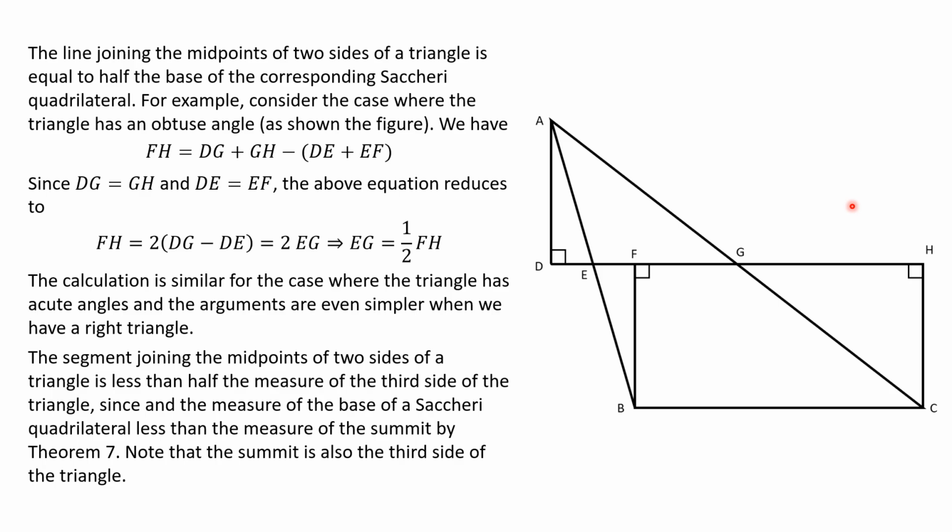But we know from theorem 7 that the base of a security quadrilateral is less than the length of the summit BC. So that gives us that EG is less than 1/2 the length BC, which is what we wanted to prove.